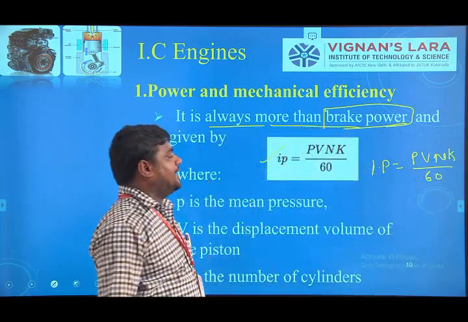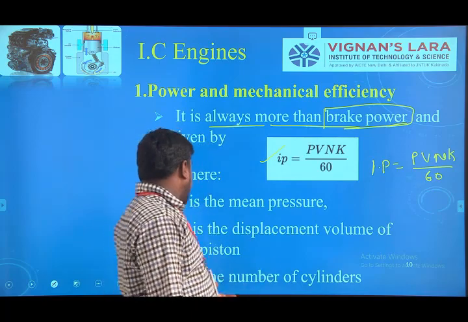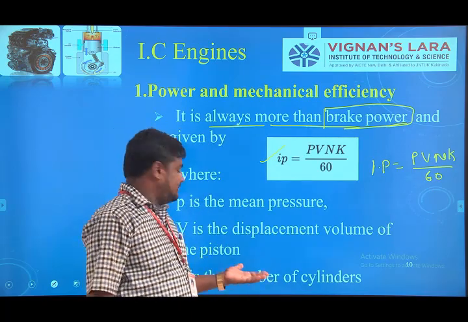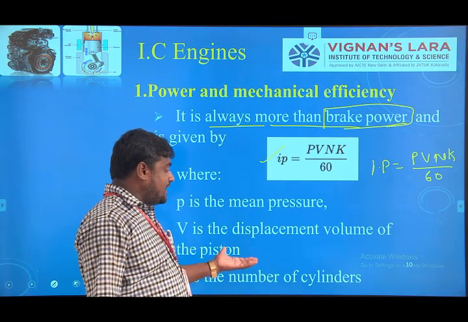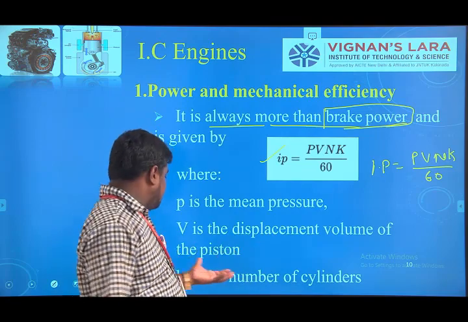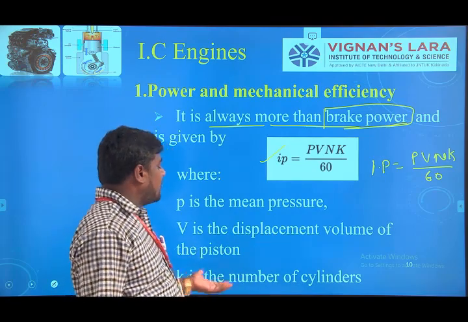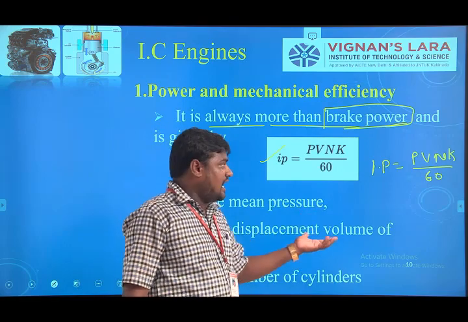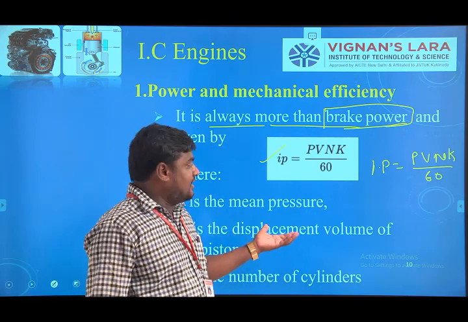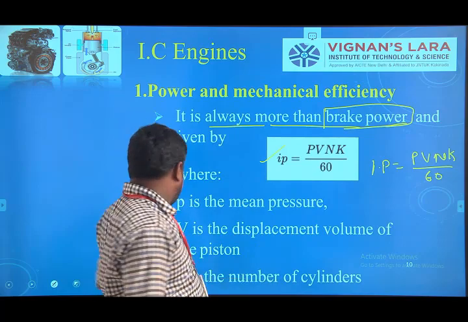This is the indicated power formula, where P is the mean pressure, V is the displacement volume of the piston, K is the number of cylinders, and N is the speed in revolutions per minute.